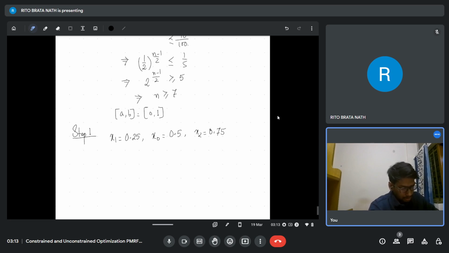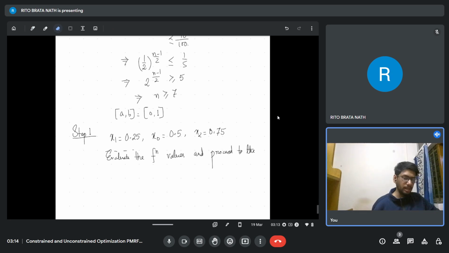So evaluate the function values and proceed to the next step. I'm not solving the entire thing because it will take some time, and I'll anyway solve it next week.